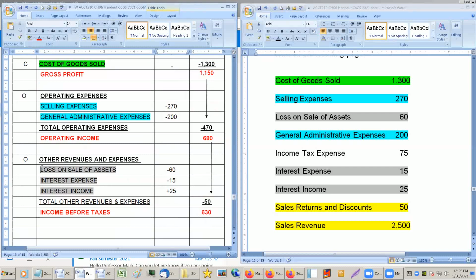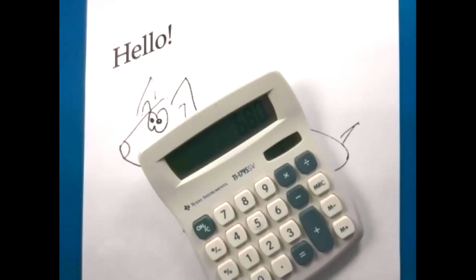And so this other revenues and expenses, I think I talked about those last class, but I'll talk about them again. So the other revenues and expenses, these are things that are what they term incidental to the business.